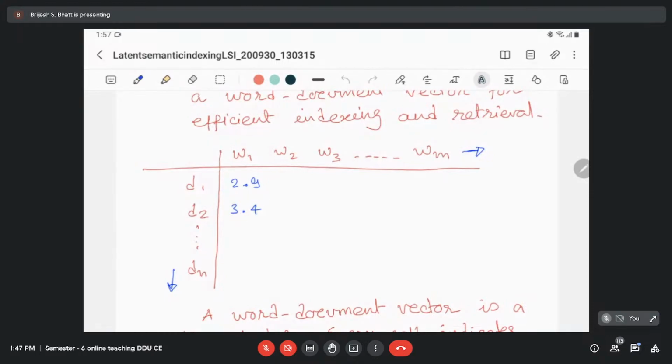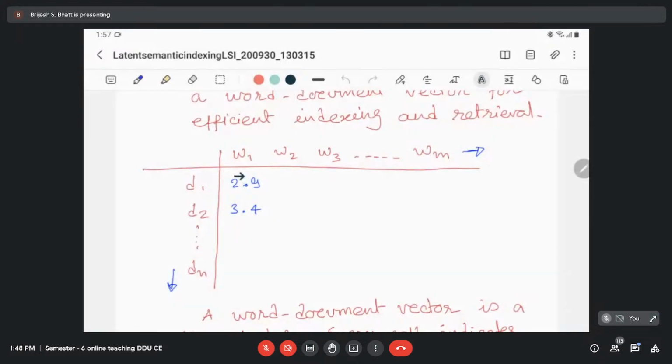In its simplest form, it can be the number of times a word occurs in the document. For example, if document 1 is about cricket and the word batting occurs 5 times, then I would put 5 here. Document 2 is about politics and batting doesn't occur there, so I will put 0 here.